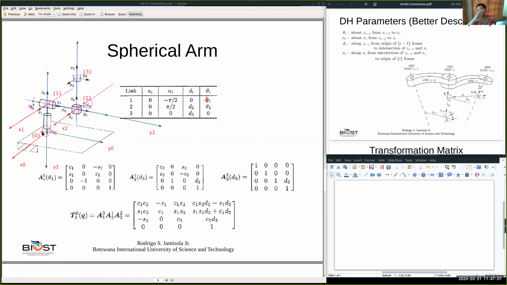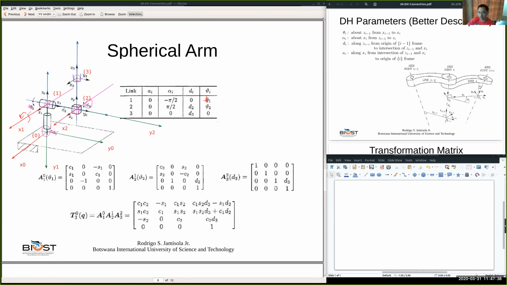So it's a negative direction. So negative, this is 90 degrees. Okay, from X1, about X1, Z0 to Z1, that's a negative 90. So that's why alpha is 90 degrees, pi over 2, and it's negative. Is that clear?